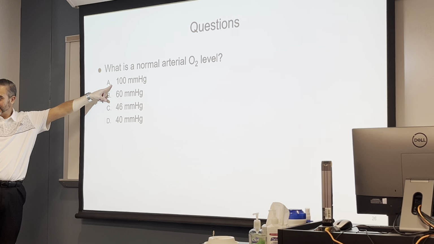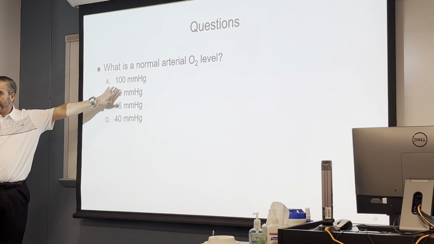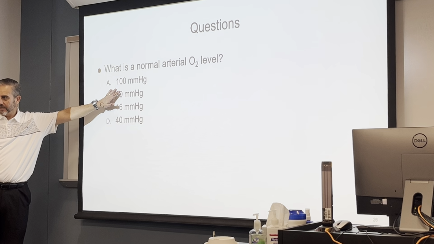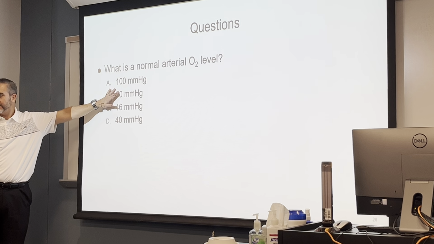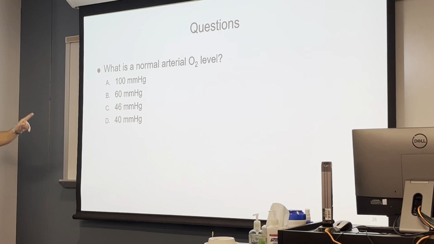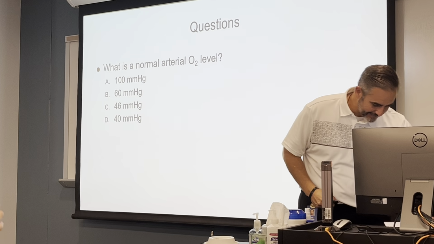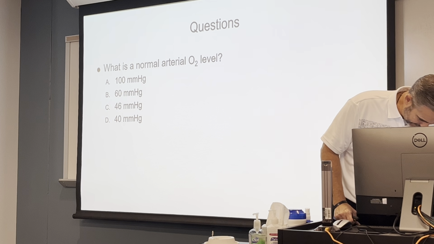Remember, and I heard you guys say it because you guys are so close to me. Alveolar oxygen is about 100, and it should diffuse until it reaches an equilibrium of 100 in the arterial system. Okay, in the arterial system. Now, let me look at my notes. I want to make sure I'm not asking the same question later.